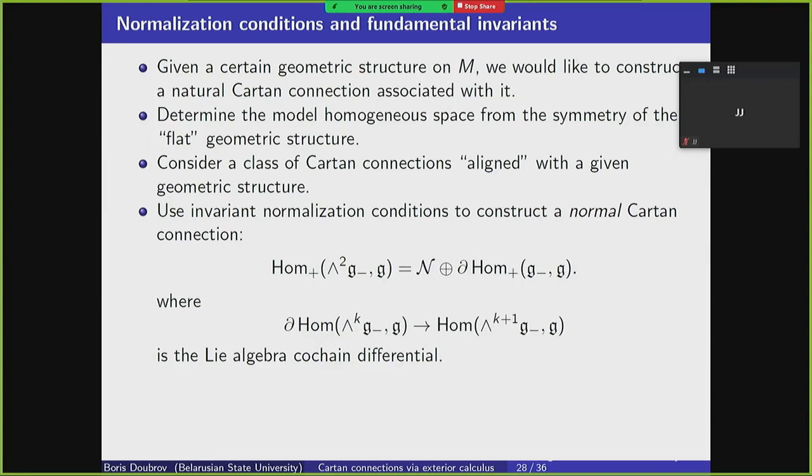In step 2, considering Cartan connections aligned with a given geometric structure means that we want to choose a Cartan connection such that the structure function sits only in positive degrees. It's sometimes called regularity.